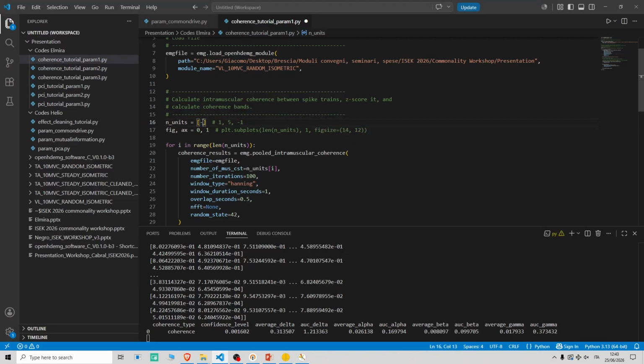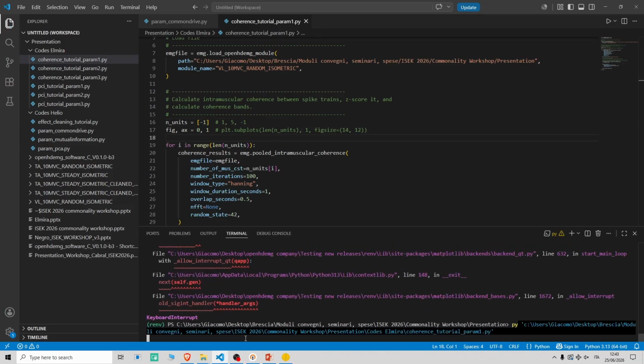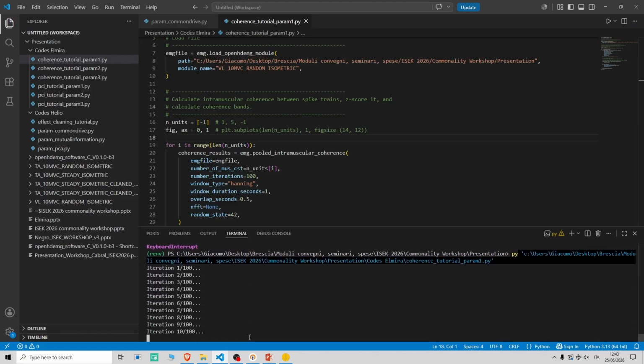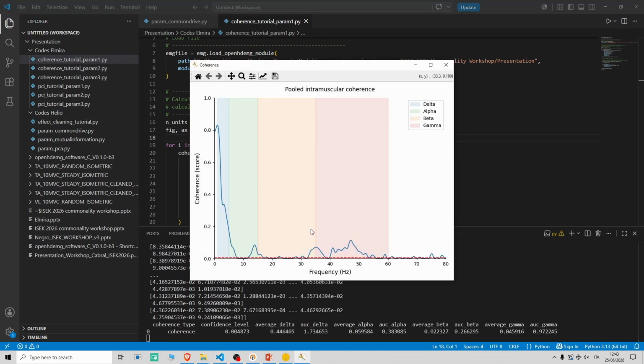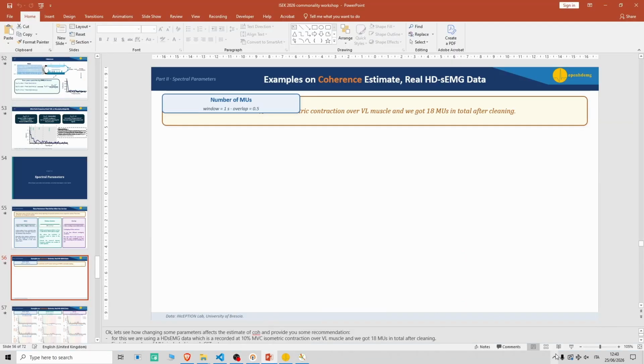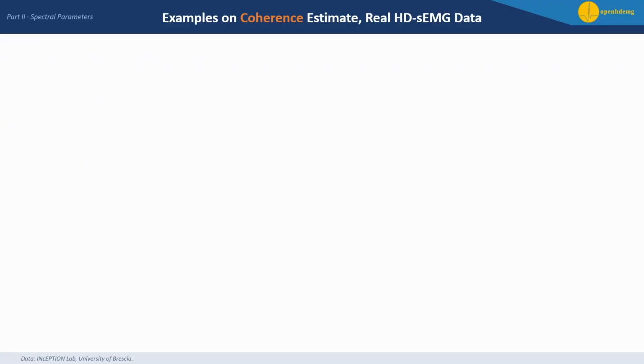I'm going to put all of them here and see how this changed our coherence estimate. It got much better with a higher value for the coherence, and we are going to also see soon in the presentation. Let's go through the presentation again.